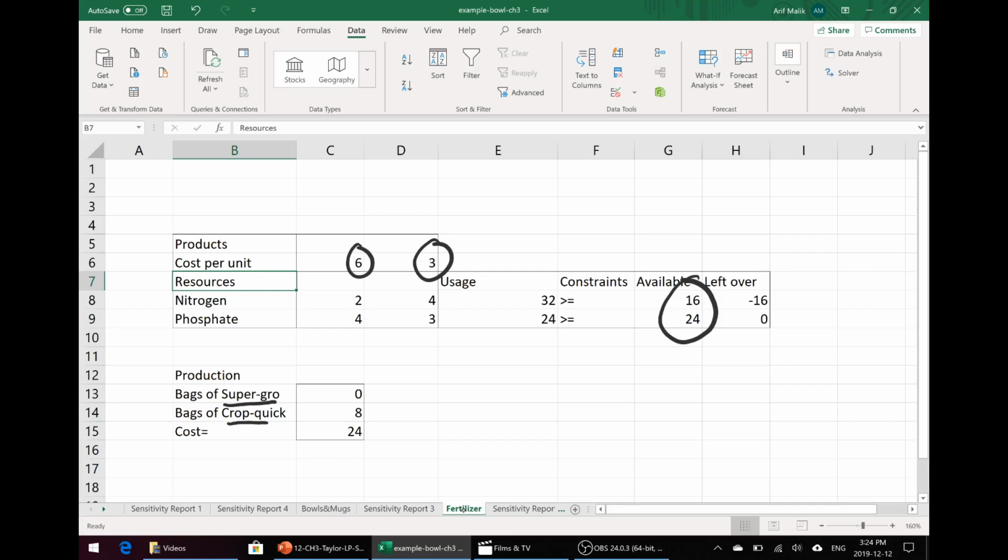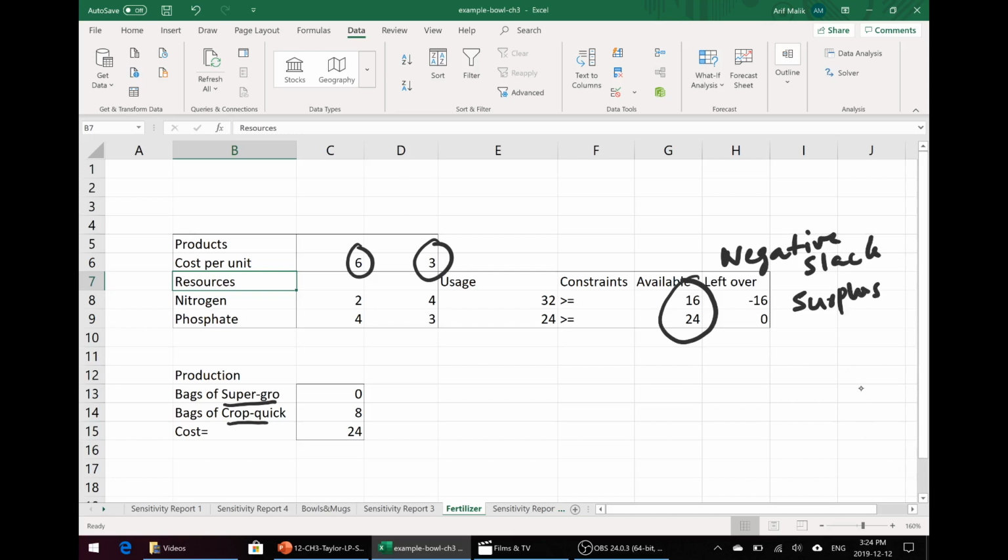All right. The result has shown us that we will have leftovers, minus 16, negative. Slack is actually surplus.